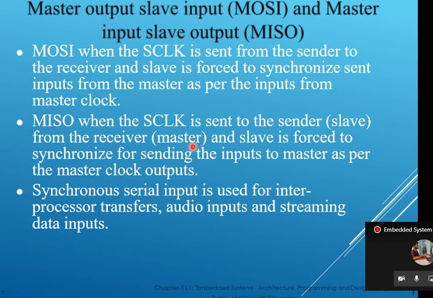So in asynchronous serial inputs, I am using these two methodologies: in the first, the sender is the master and the receiver is the slave, but in the second, the sender is the slave and the receiver is the master. The main thing is that synchronization has to be done.